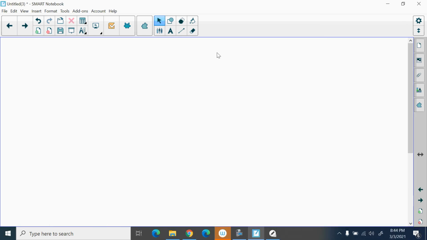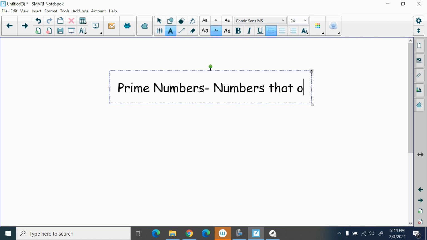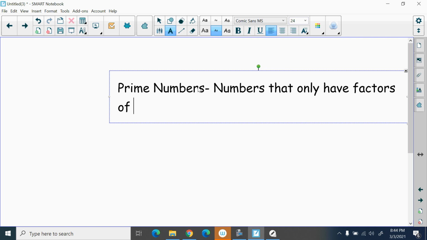The other thing I wanted to remind you of was what exactly prime numbers are. I'm going to type this up so it's easy for you to read, because I know how my handwriting is. Prime numbers are numbers that only have factors of 1 and itself.